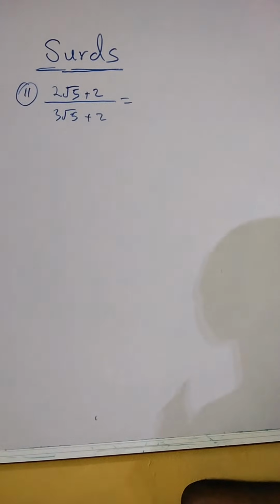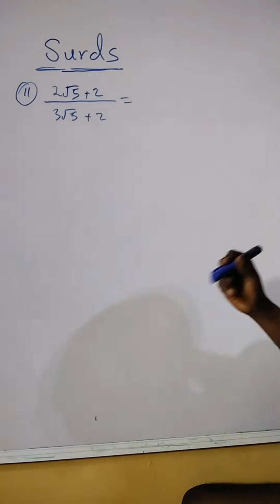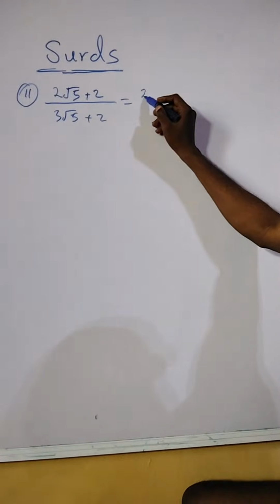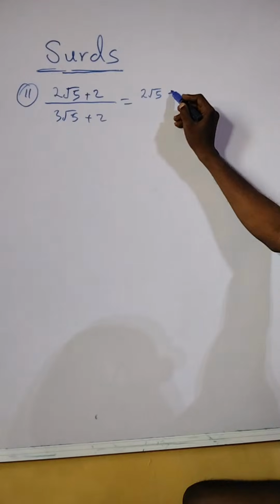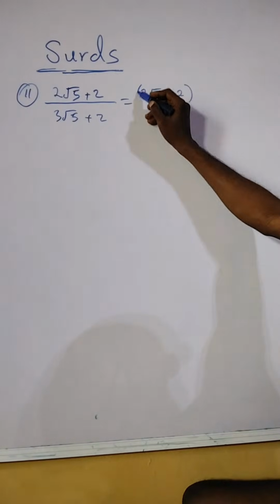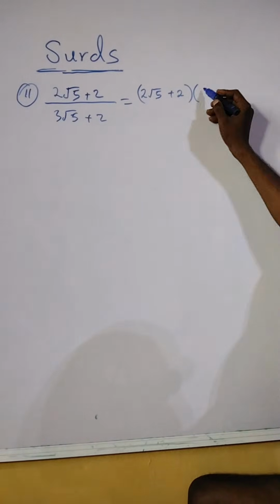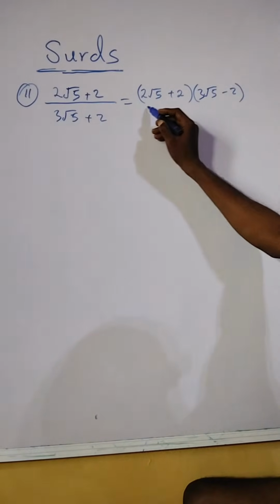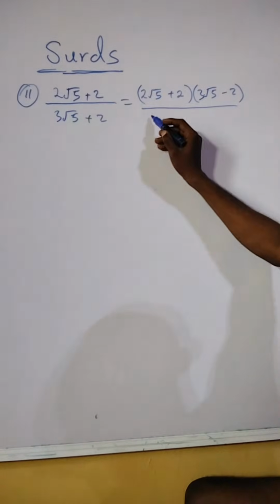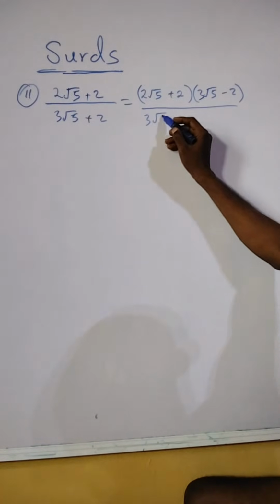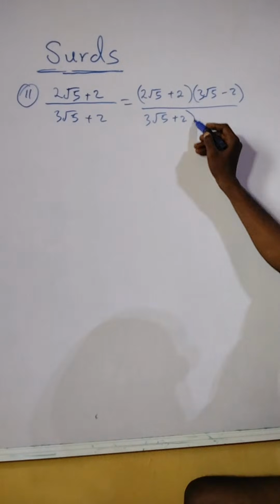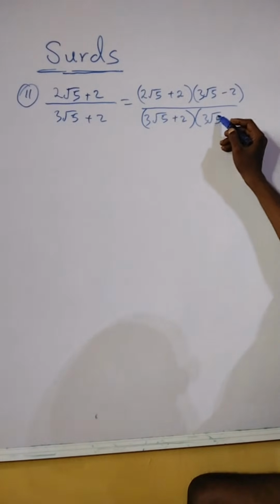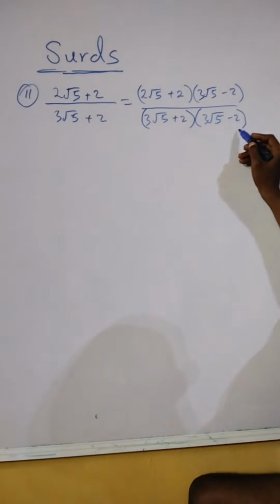I'm multiplying the numerator and denominator by the conjugate surd of the denominator. That is, here we have 2 root 5 plus 2 multiplied by the conjugate surd, here we have 3 root 5 minus 2, also divided by, multiply this by the conjugate, that's 3 root 5 plus 2 multiplied by 3 root 5 minus 2.